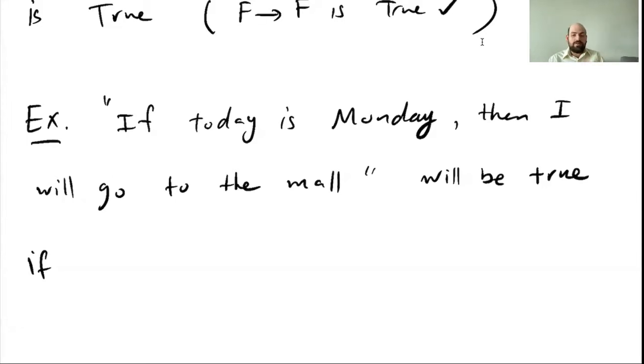If it's Monday but I don't go to the mall, then this statement is false, because the statement says that if it's Monday, then I go to the mall. So let's assume it is Monday and I don't go to the mall. In that case, this statement will be false. But if it's not Monday today, the statement will be true. Or if it's Monday and I go to the mall, the statement will still be true.